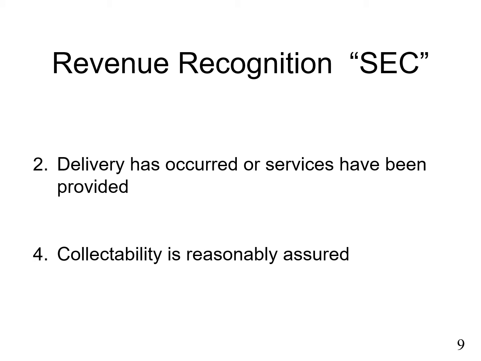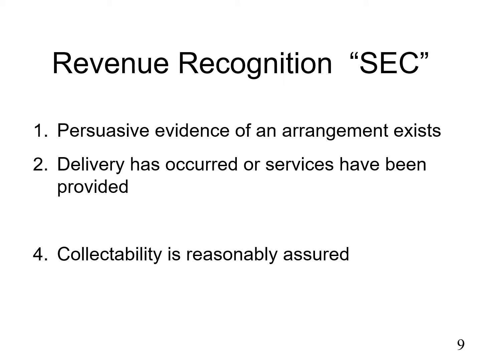The SEC for public companies is a little different. It's pretty much the same. Delivery has occurred or services have been provided. Collectability is reasonably assured. That's what we learned in 214. We've earned it, and it's reasonably collectible.